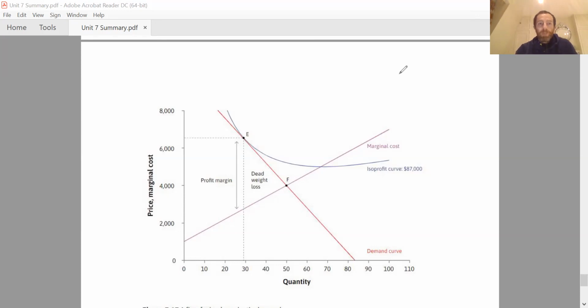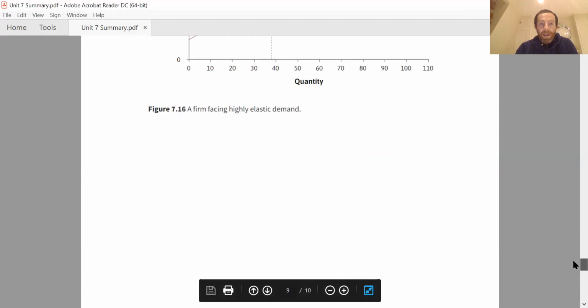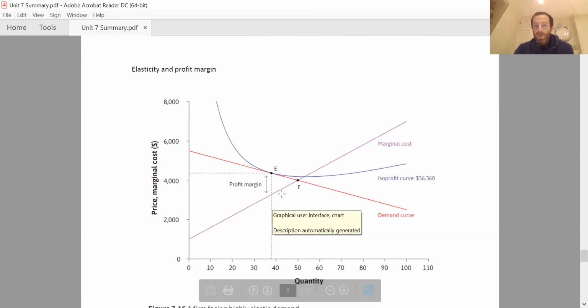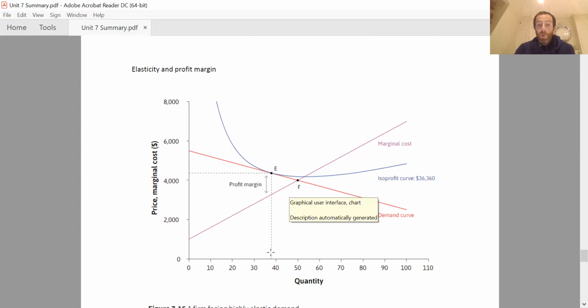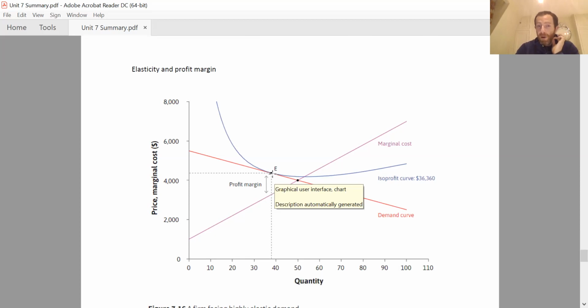But the connection with the inefficiency before is, if we have a good with quite elastic demand, the firm knows that yes, they want to produce at a quantity that maximizes their profits, but that quantity won't be too far away from the Pareto efficient equilibrium.